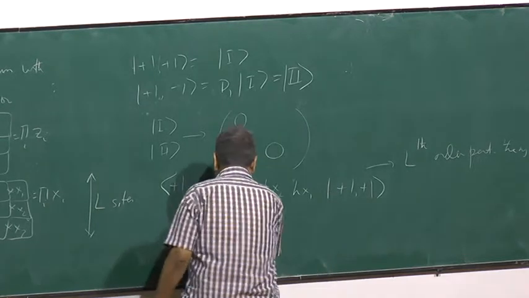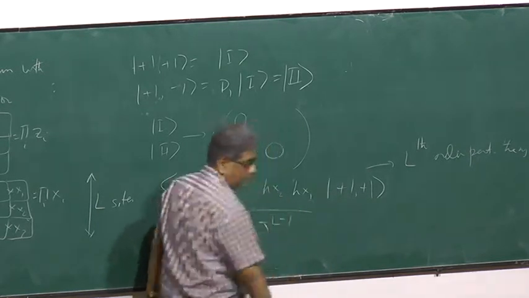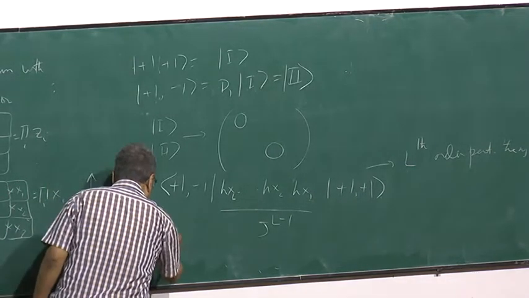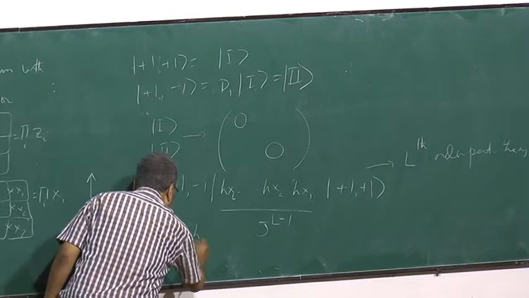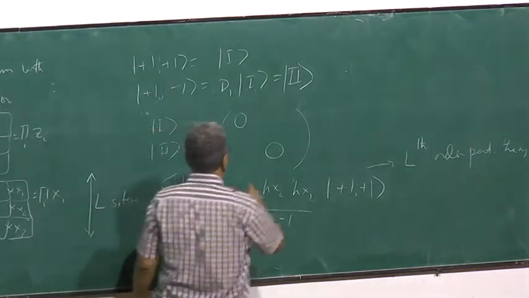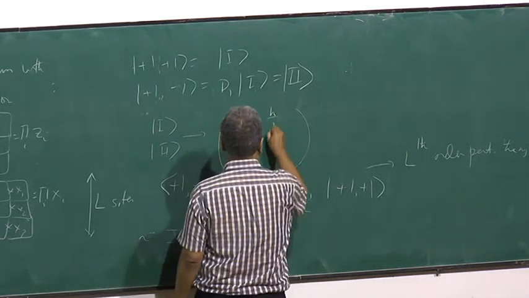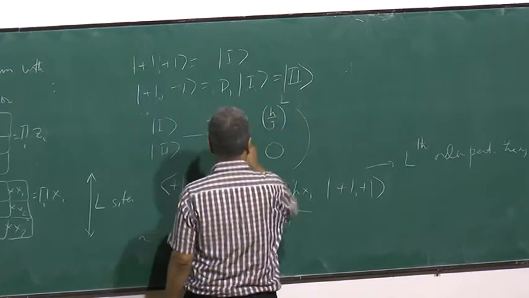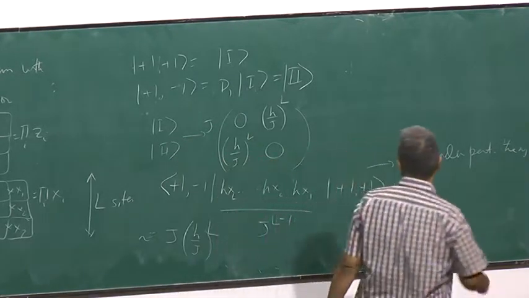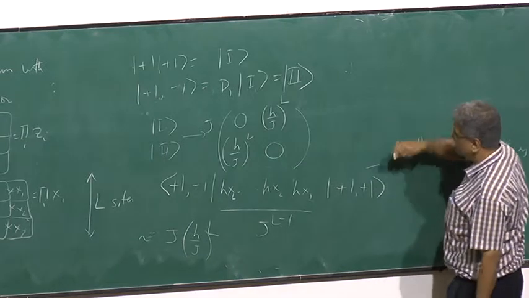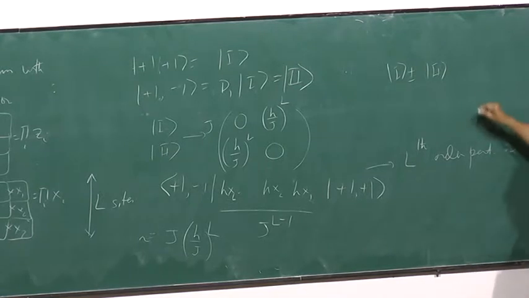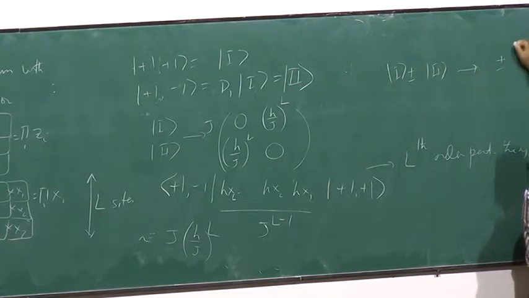And of course, there will be a factor of j to the power L minus 1 from the energy denominators in perturbation theory, which means that this is going to be a term of the order of j times h by j to the power L. So this matrix element between these two states is of the order of h by j to the power L. Now you can see that the true ground state is really the plus or minus combination, and the energies of these are plus or minus (h by j)^L.